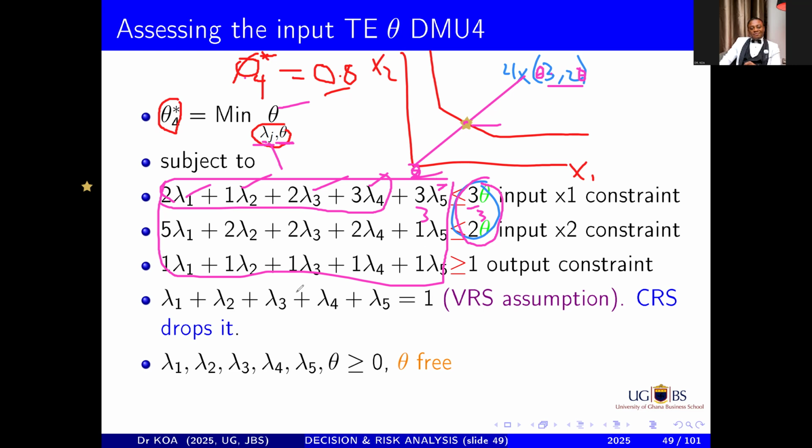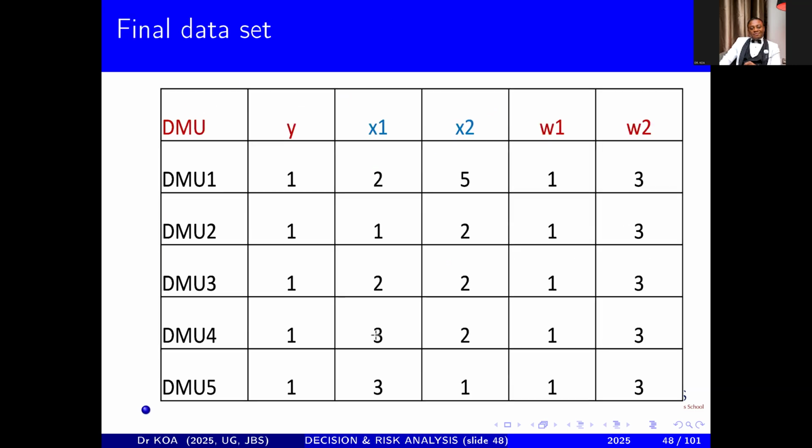What is going to change is the right-hand side. Each time I'm formulating that of DMU4, I'm going to use this value of 3 and 2. But when I'm formulating for DMU1, I have to deal with 2 and 5. And when I'm formulating for DMU3, I will have 2 and 2.